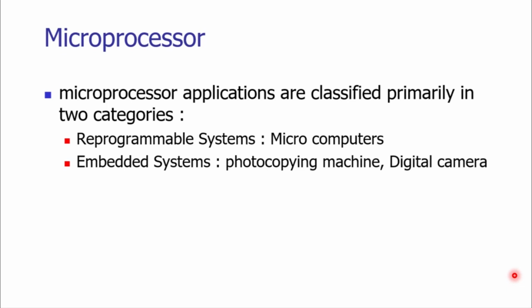Whenever we want to carry out the desired application in automatic mode, there also we need the microprocessor. So the application of the microprocessor to carry out specific functions in automatic mode is nothing but the embedded system.